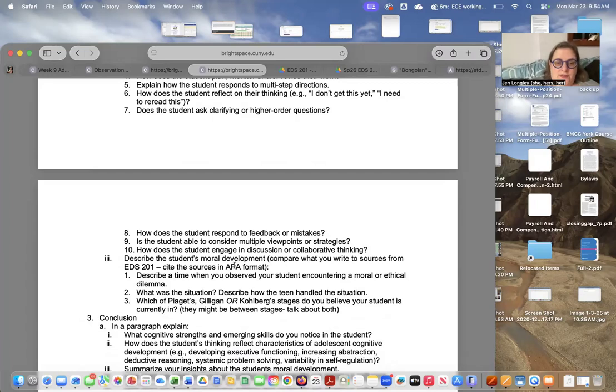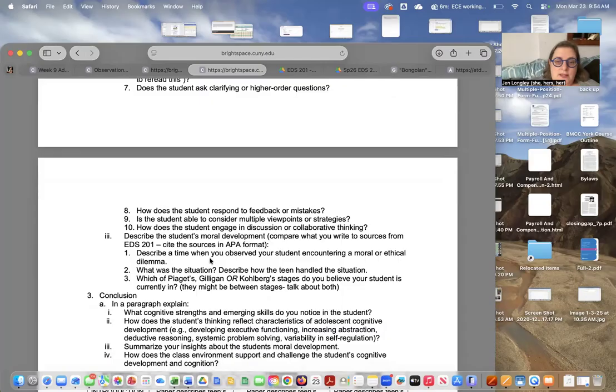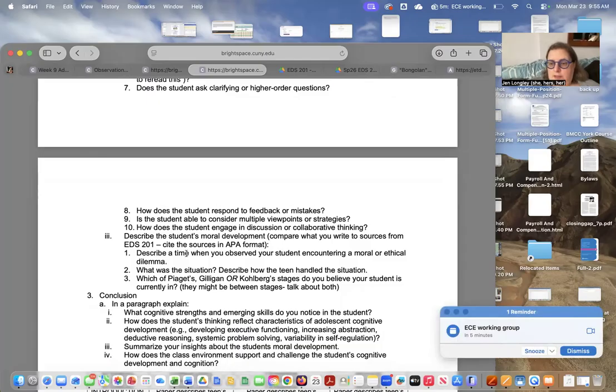And then moral development. When was a time that you observed the student encountering a moral or ethical dilemma? Maybe the student broke something or saw someone break something. What do they do? Maybe the student saw something fall out of someone's book bag, something important or valuable.